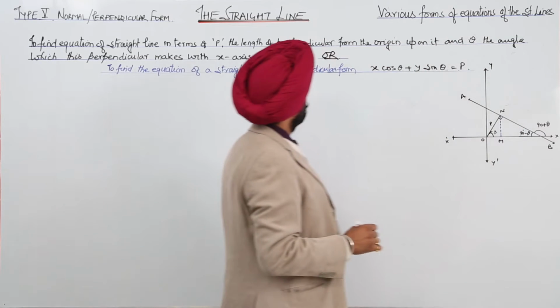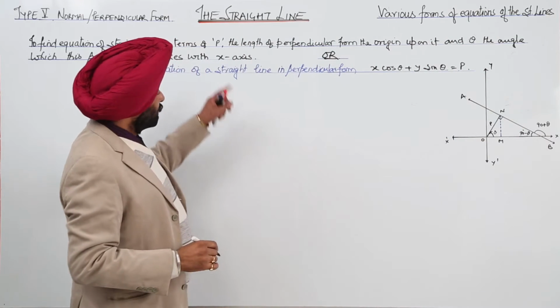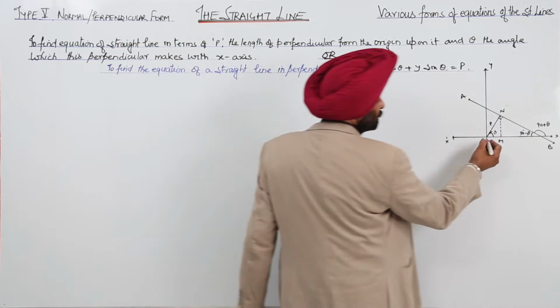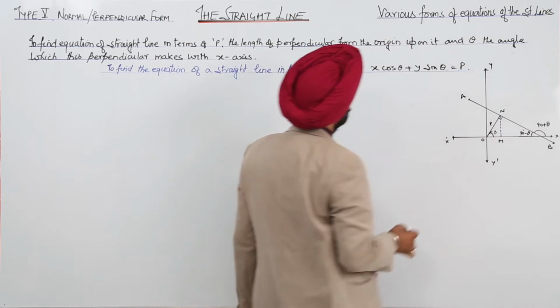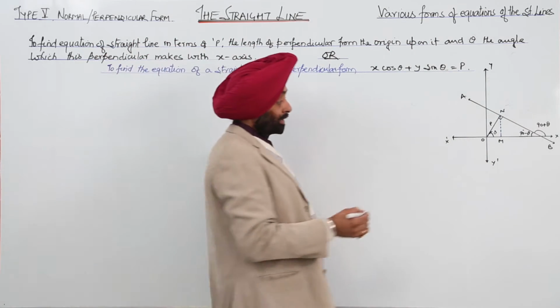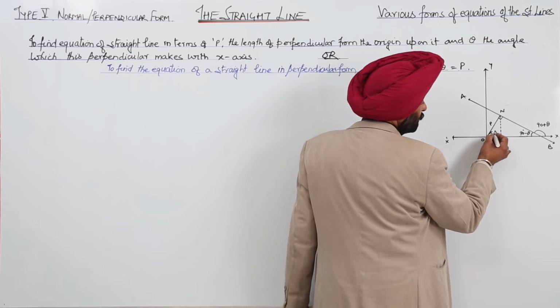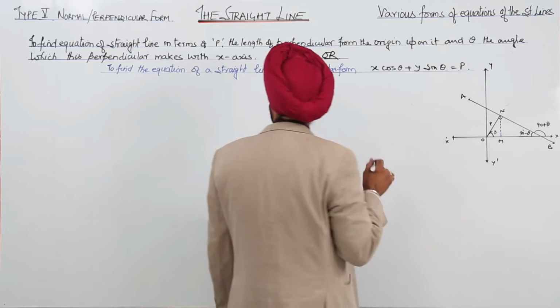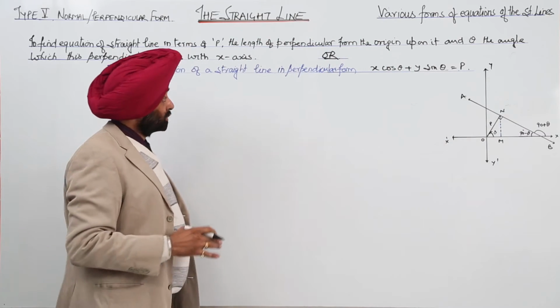This is the origin, this is the perpendicular, and this is the theta which the perpendicular makes with the x axis.